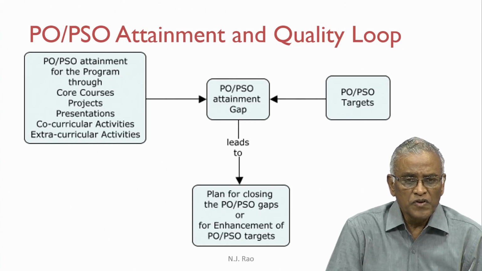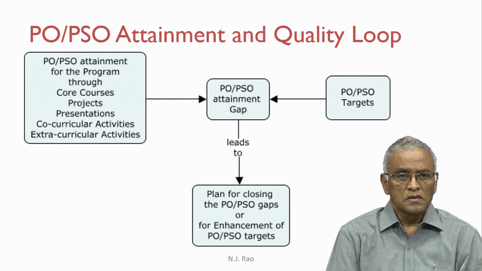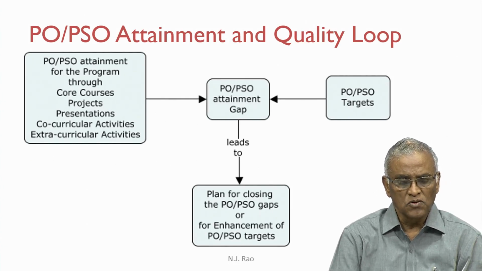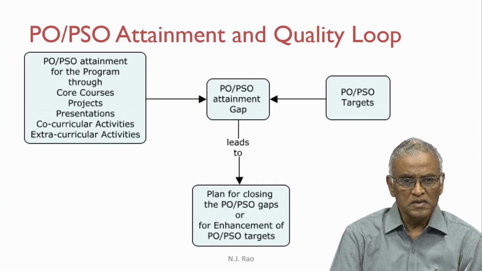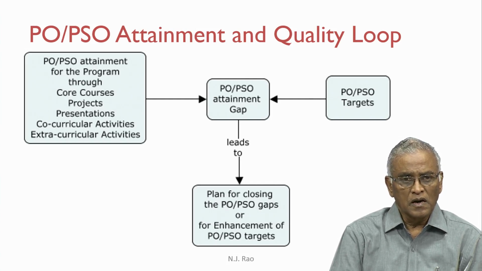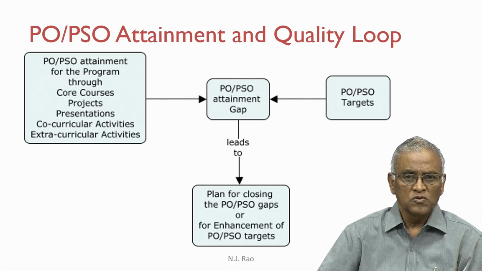Here we are making this look somewhat simple. The PO PSO attainment of the program comes through core courses, projects, presentations, extracurricular activities or co-curricular activities. You compute the PO attainment, and then you also set PO PSO targets.